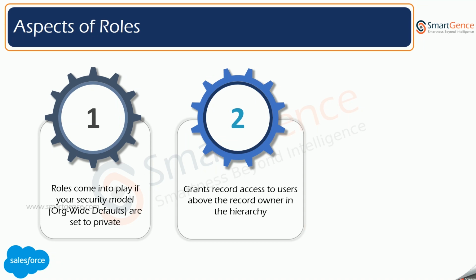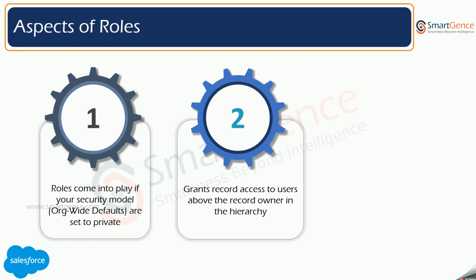Let's dig deeper with an example. Let's say we have user A at the top of the role hierarchy, user B next to him, and user C below user B. User B has created a record for which he is the owner. We set the org wide default, OWD, at the object level, and OWD for that object is set to private.